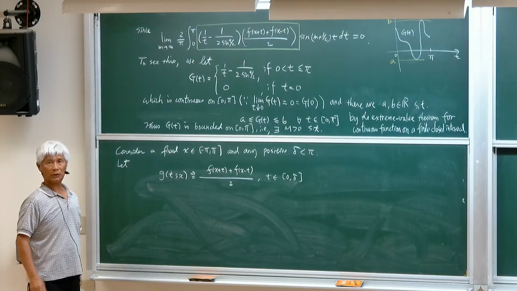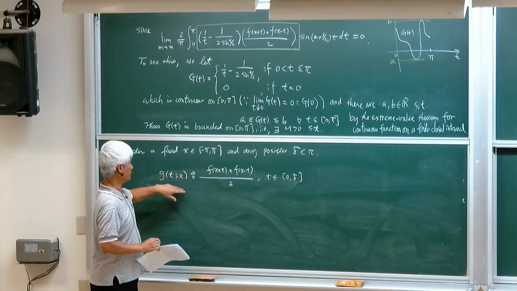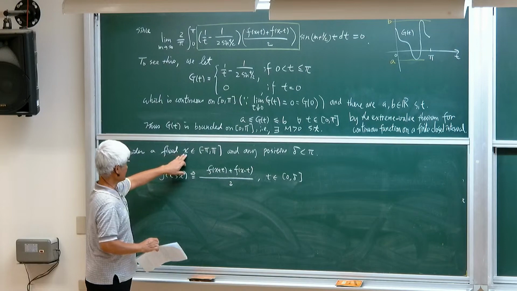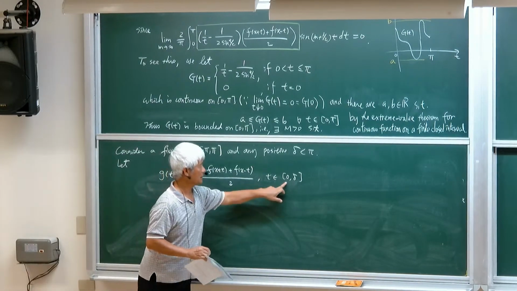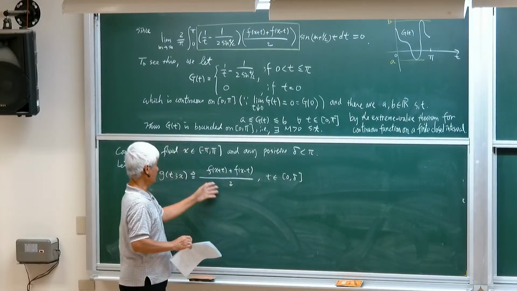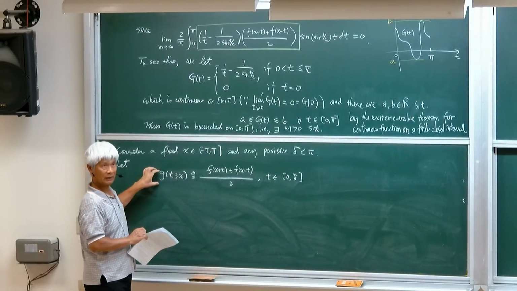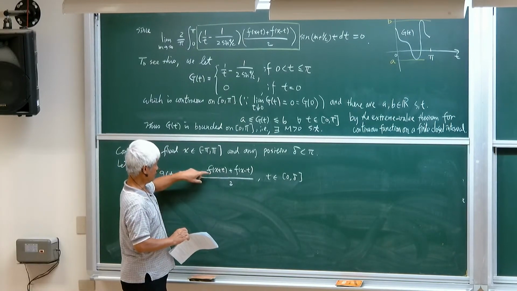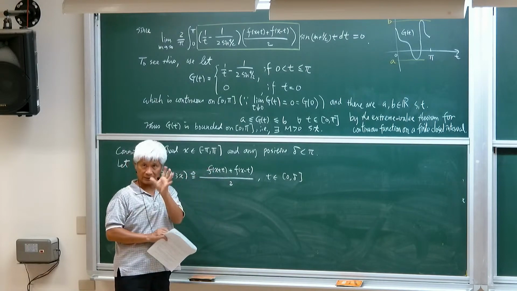So we just see the local behavior of a function f, because x is fixed. So when t is in this small interval, the behavior of this function g is determined by the behavior of the function f at x.